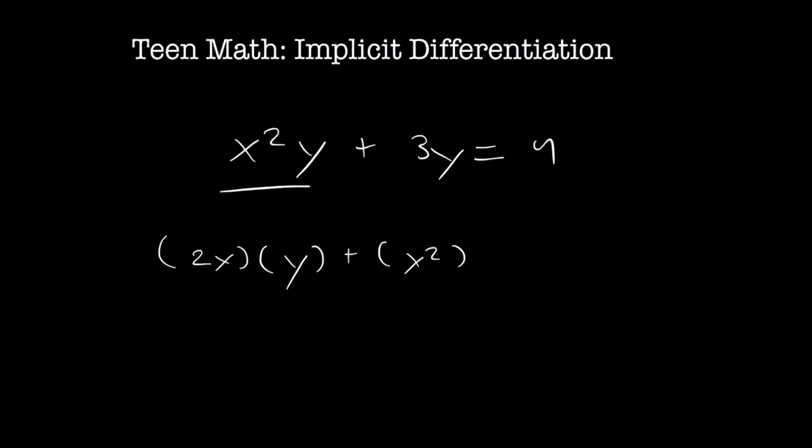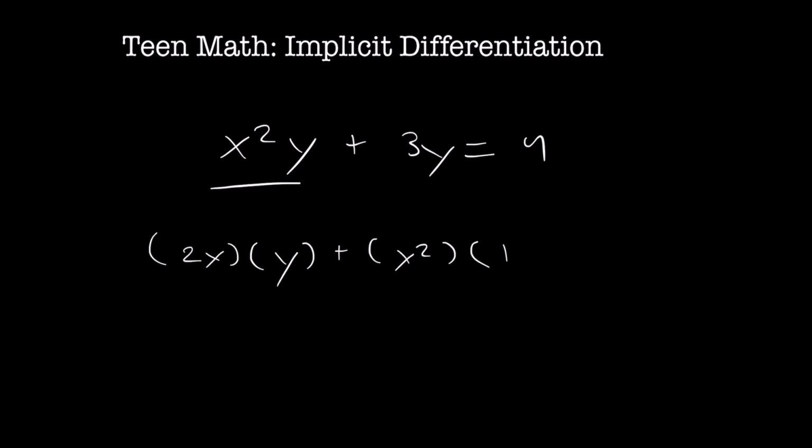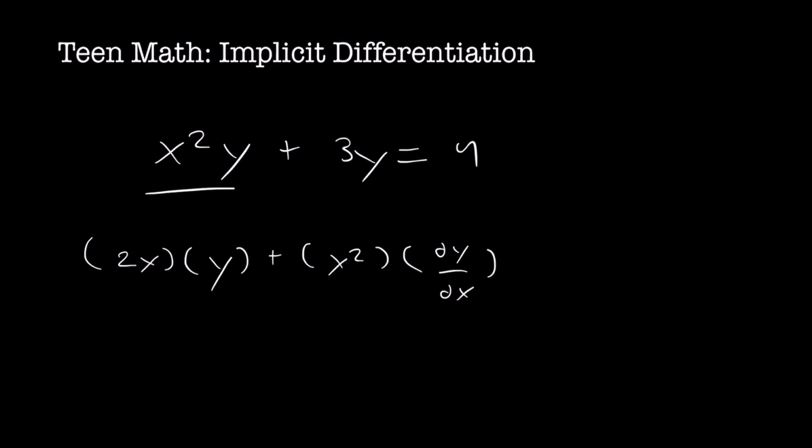And since we're taking the derivative of y, instead of just having 1, because the derivative of y is just 1, we would keep the 1, but we don't need to explicitly write that because 1 times anything is the same value. So we just write dy over dx.